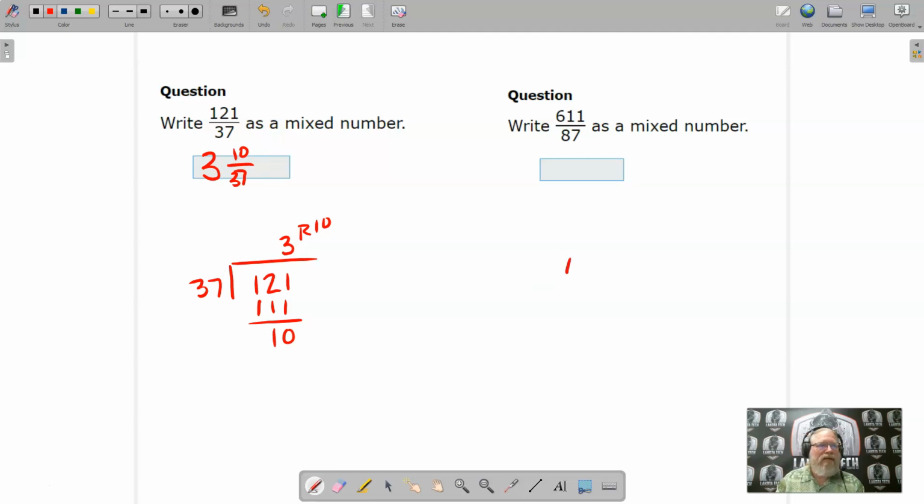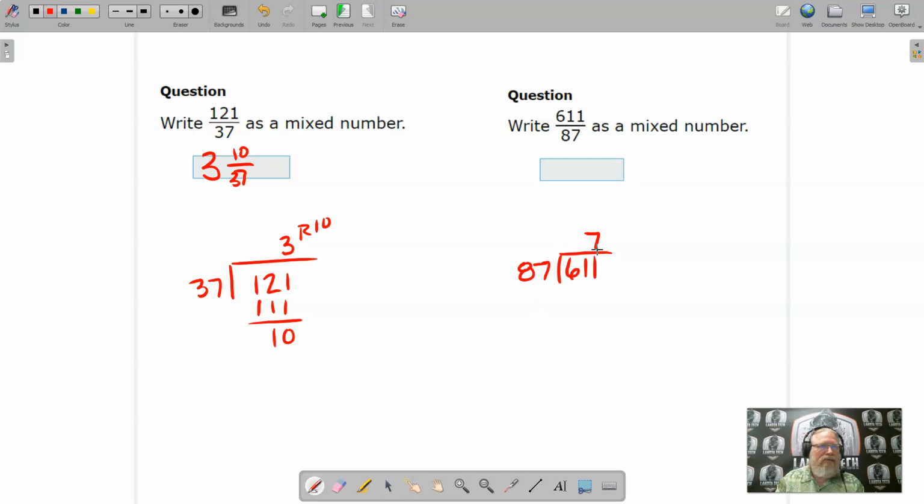And finally, for the last one, I know I have 611 divided by 87. Remember, all fractions are a division problem. Just divide the top number, the numerator, by the denominator. So 611, we're going to divide that by 87, and that gives us 7.0229 something.